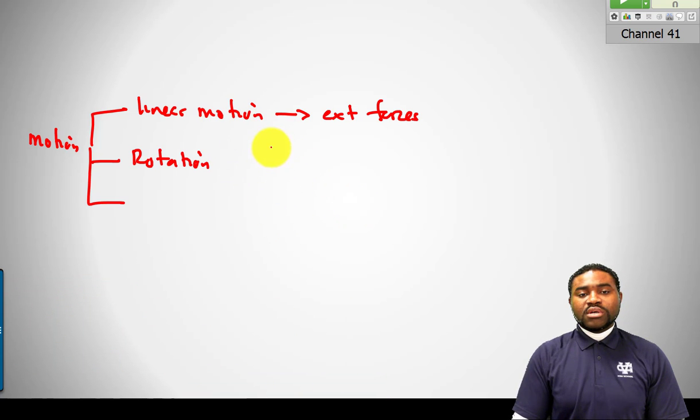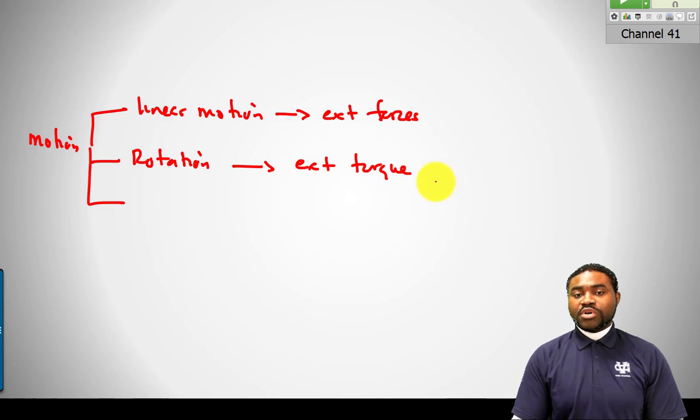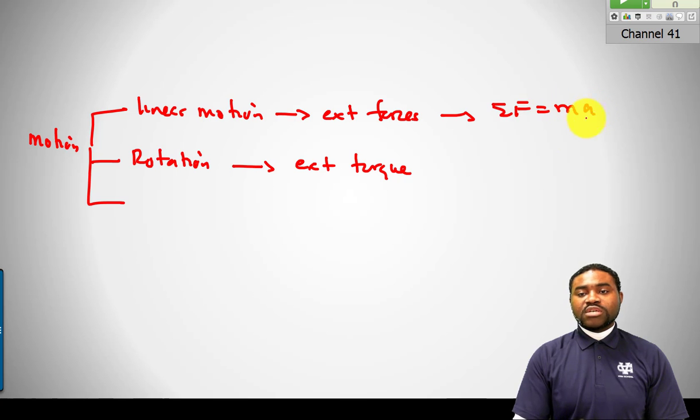Now, rotation is basically due to external torques acting on rigid bodies, and we know here that the summation of forces acting on that system is equal to what? MA, and we know here that the summation of torque is equal to I alpha.